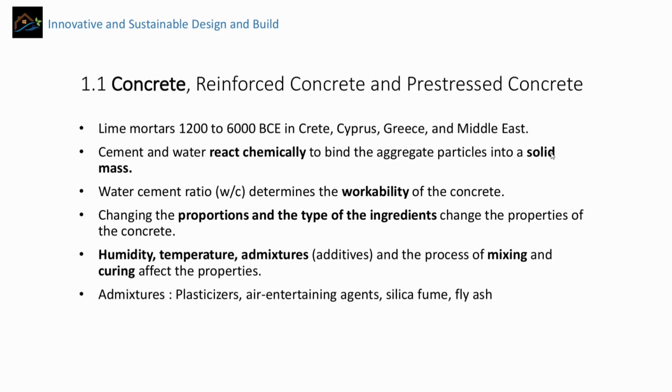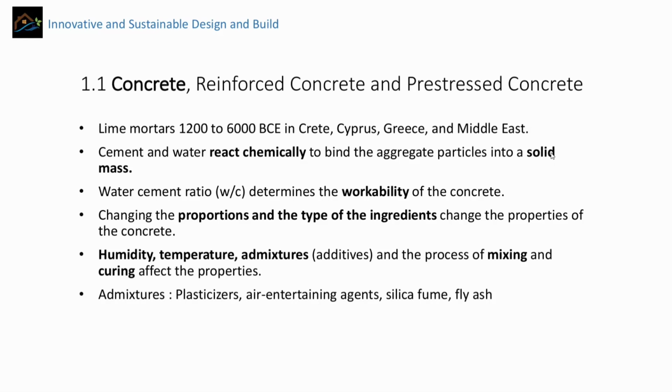So the higher the water-cement ratio, the higher the workability of the concrete is, and therefore changing the proportion and the type of ingredients changes the properties of the concrete. So two major factors: one, the proportions, and another parameter, which is the type of the ingredients, are very important in determining the properties of the concrete.